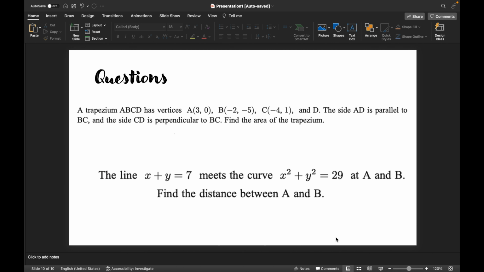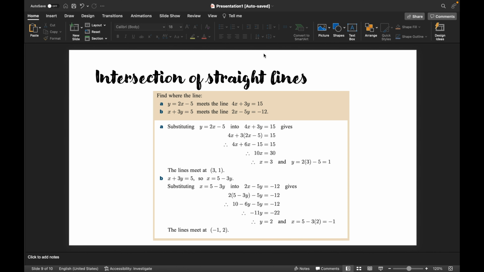Also, I forgot to mention that there's another topic which is called intersection of a straight line and a circle, which is basically the same thing. You're just supposed to substitute the value of y into the other equation. You're supposed to solve them. For a circle, you might get either one intersection point or two intersection points.